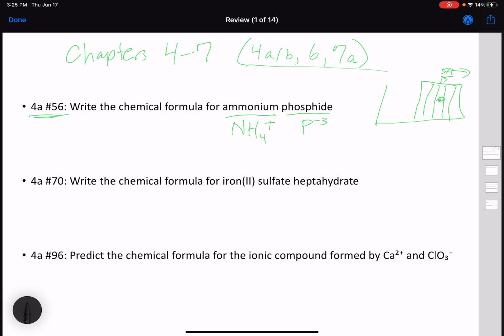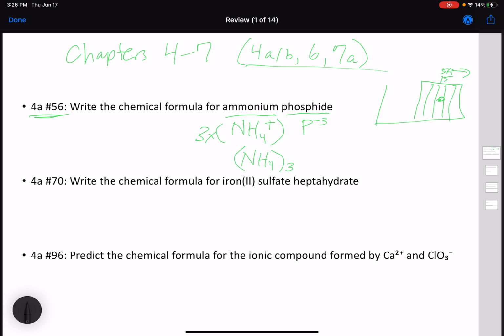So when we are writing the chemical formula for this, we need those charges to cancel out. The ammonium has a 1+ charge, the phosphide has a 3- charge. So in order to have a neutral overall 0 charge, we're going to need 3 of these ammonium ions. In a chemical formula, when we indicate that we have more than one of an atom, we use the subscript.